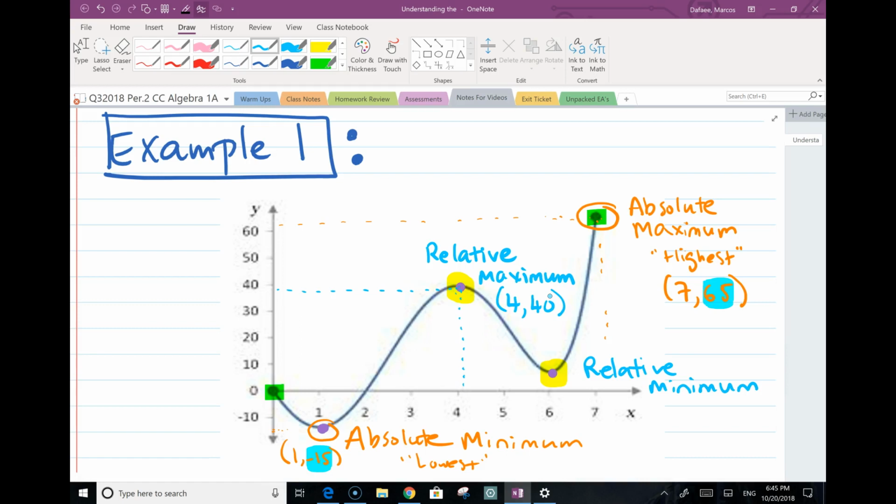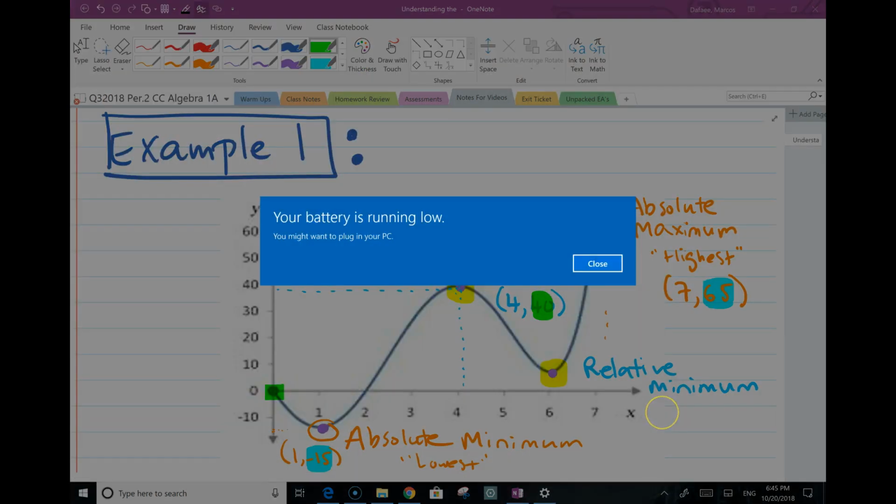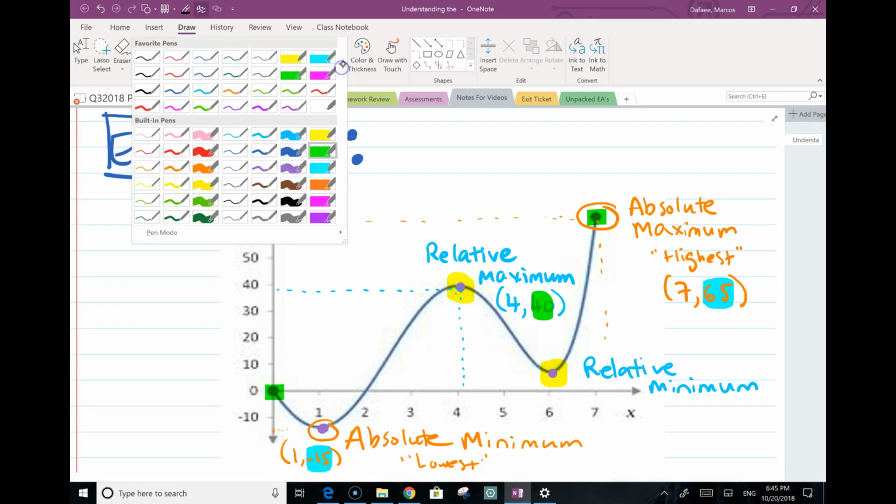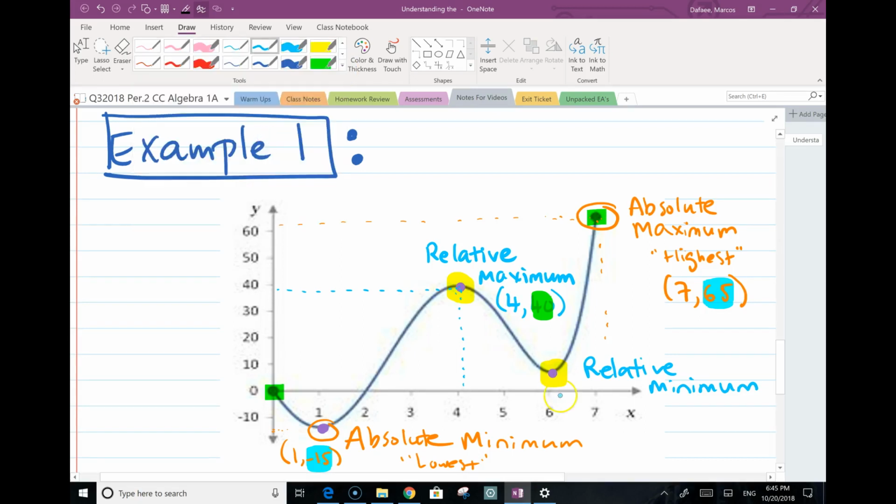And again, the focus is really the output here, which is 40. I'm going to use this color here. So it's 40. The relative minimum would be down there, and this would be at roughly 6 and roughly 10. Okay, so the relative minimum here would be at about 10.